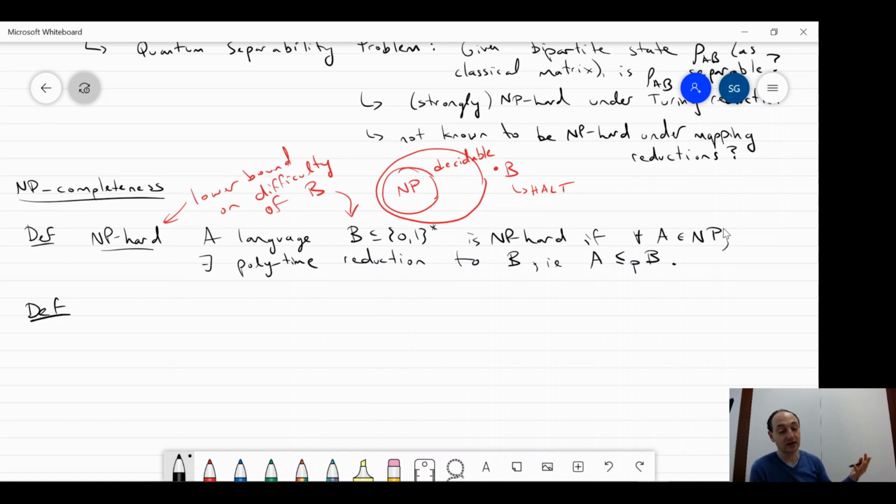So we also want to talk about not only are you as hard as NP, but you're actually contained in NP itself. We need a matching upper bound. And that's what this notion of NP completeness is. It gives you matching upper and lower bounds.